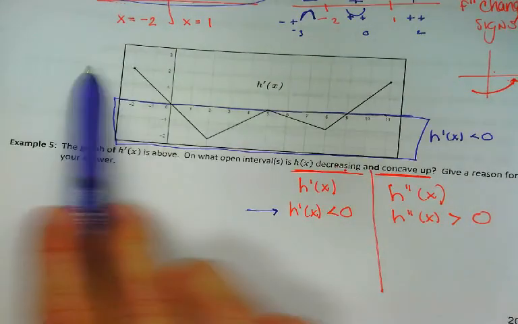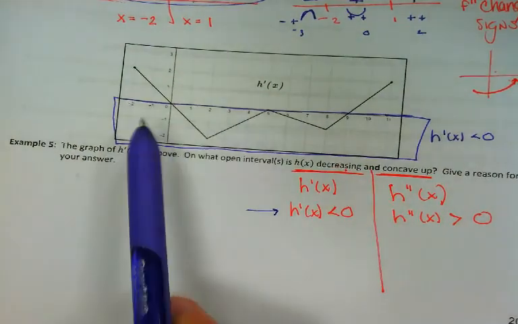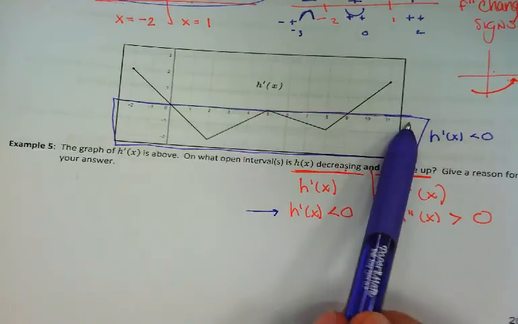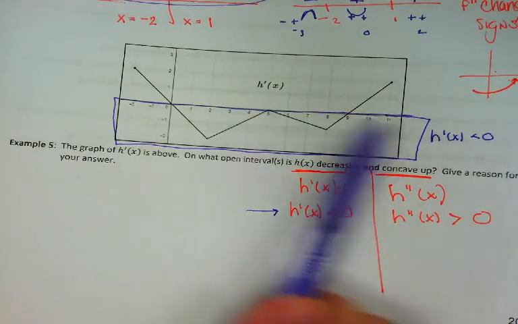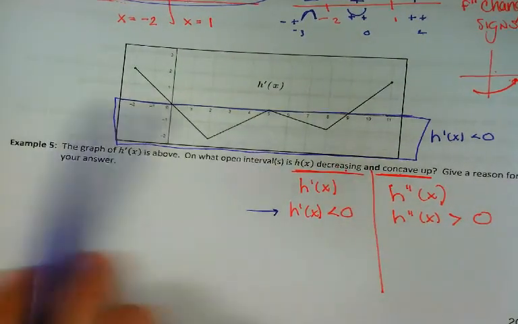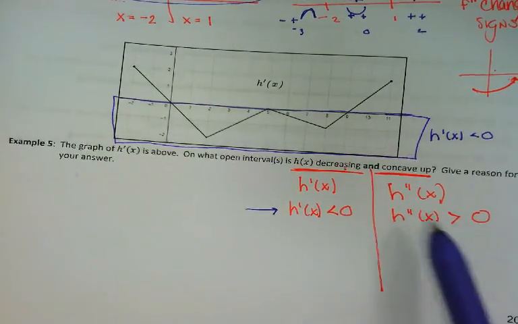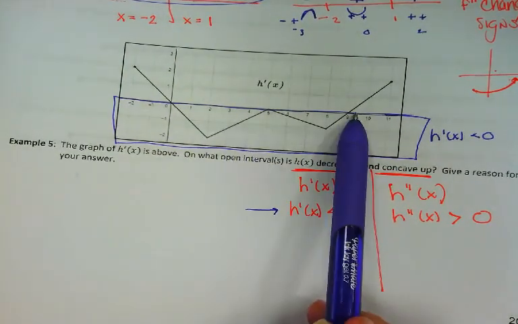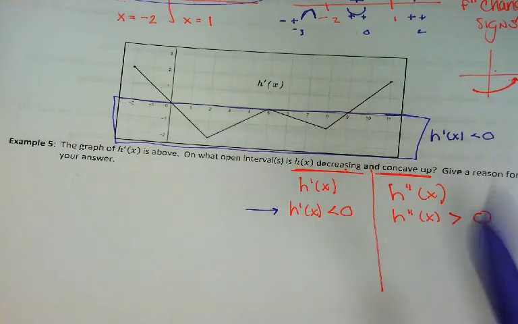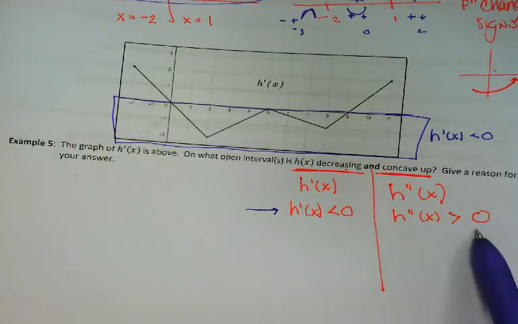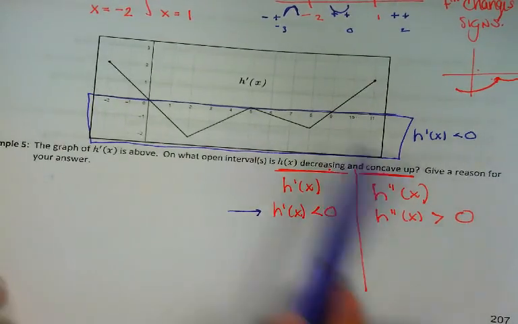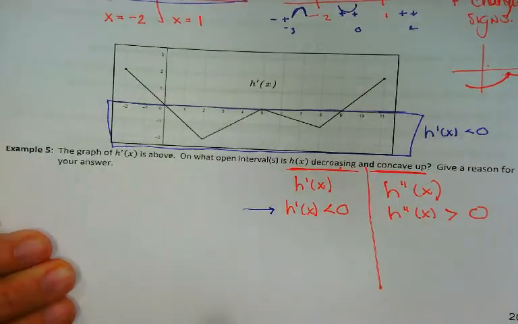Up here is where h prime is greater than 0. So my answer has to fall in my box. Would you agree with that? Now looking in this box, I need h double prime to be greater than 0. So now I'm looking at the what down here? The slopes. I need the slope to be greater than 0. Give me an interval in this box where the slope is greater than 0.